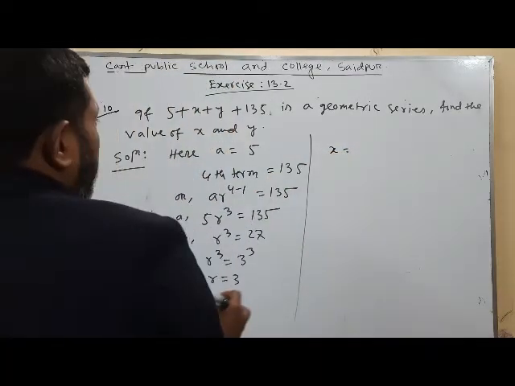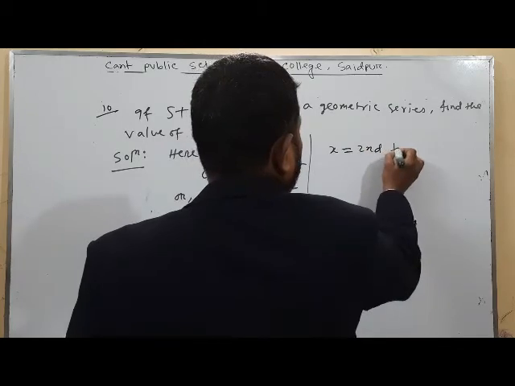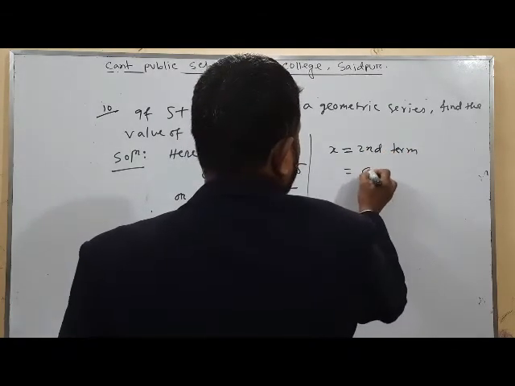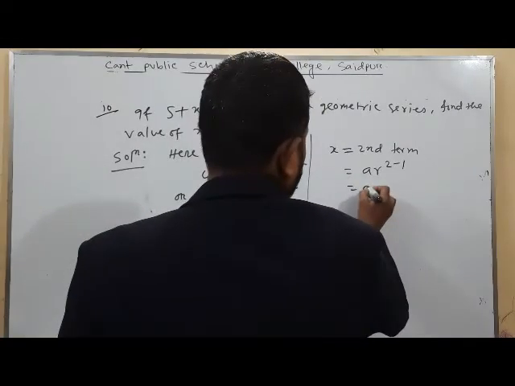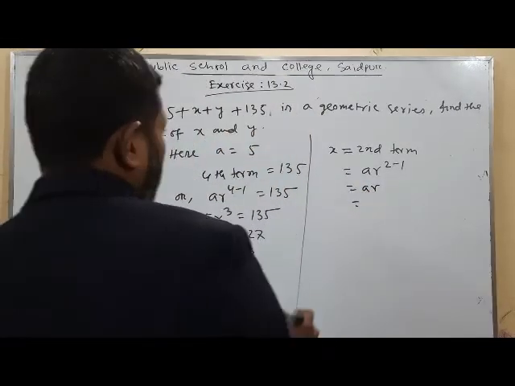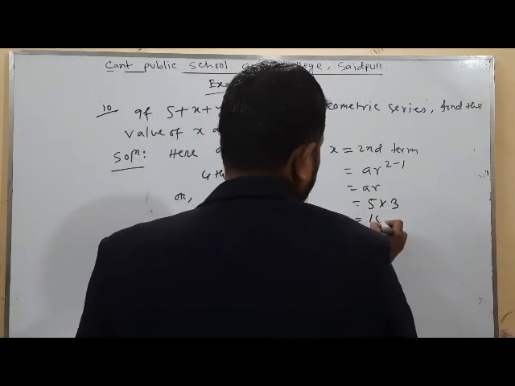Here x is the second term, and the second term is a r to the power 2 minus 1, that is a r. The value of a is 5 and r is 3, that is 15.